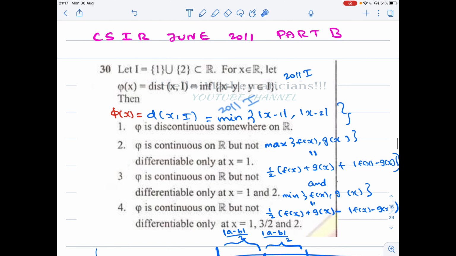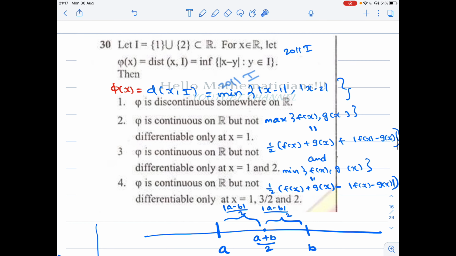Now one thing we want to observe here is that this I contains only two elements. So for the distance between x and I, you fix this x, and you calculate the distance between x and 1 and the distance between x and 2. There are only two different distances you will get because I contains only two elements.